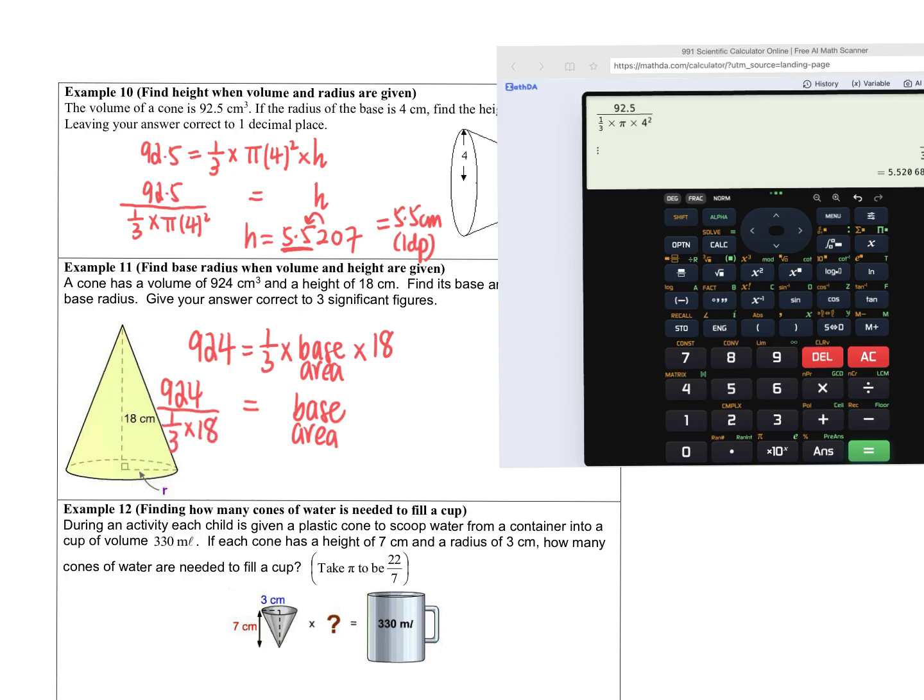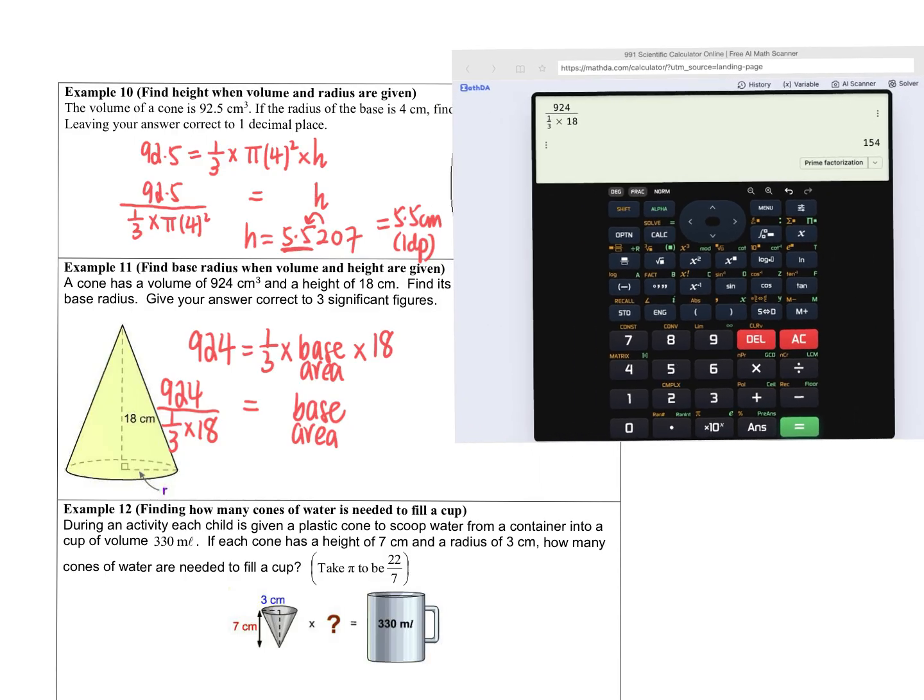So you press calculator, same thing. 924 divided by 1/3. Okay, you will get your answer to be what? 154. So base area is 154. First part of your answer.